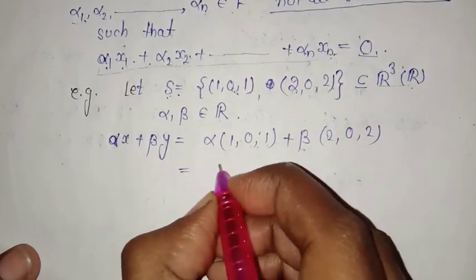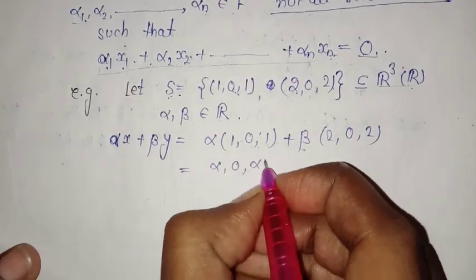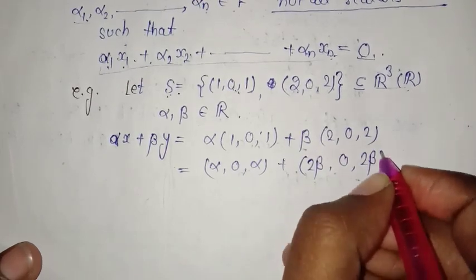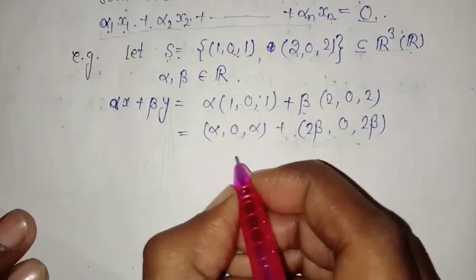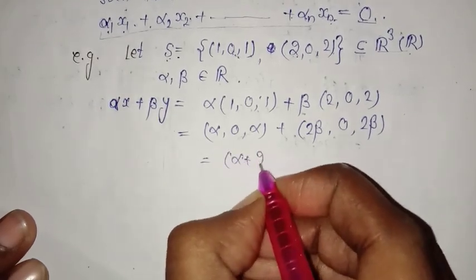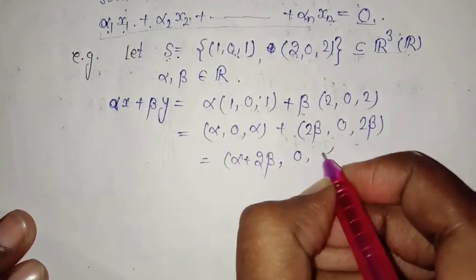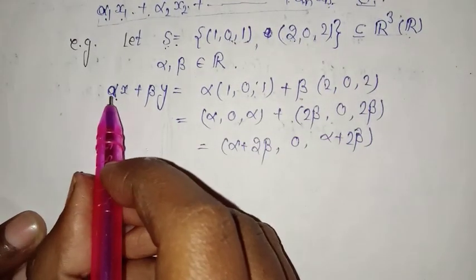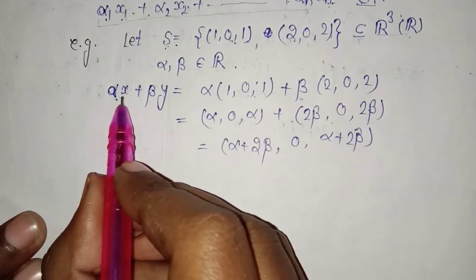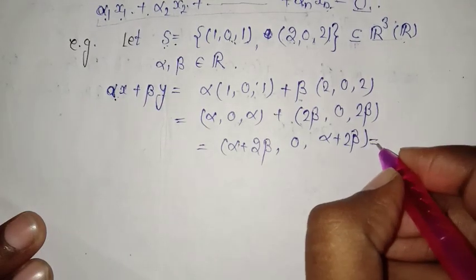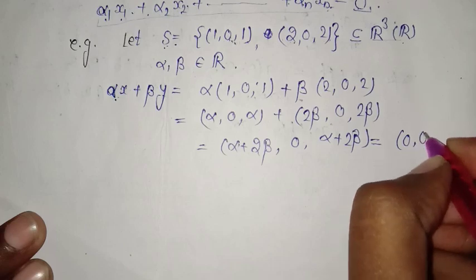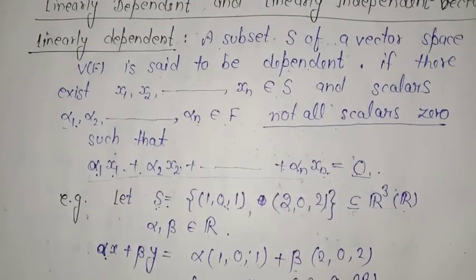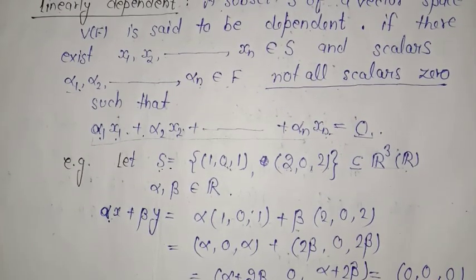If I solve it, this becomes (alpha, 0, alpha) plus (2 beta, 0, 2 beta), and if I take the component wise addition, this becomes (alpha plus 2 beta, 0, alpha plus 2 beta). Now the linear combination of these two vectors x and y should be equal to (0, 0, 0) according to the definition of linearly dependent vectors.